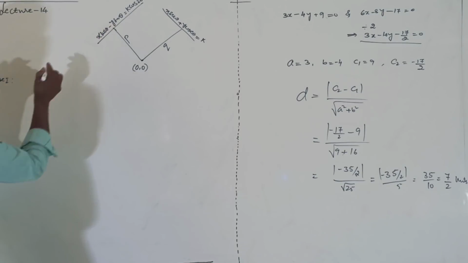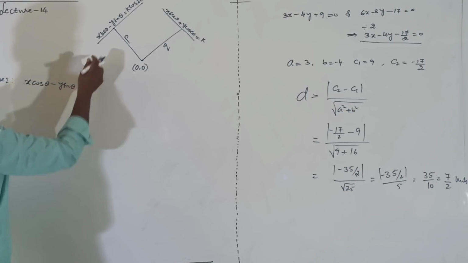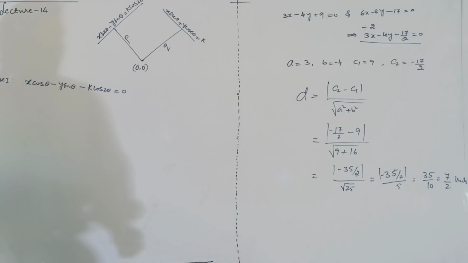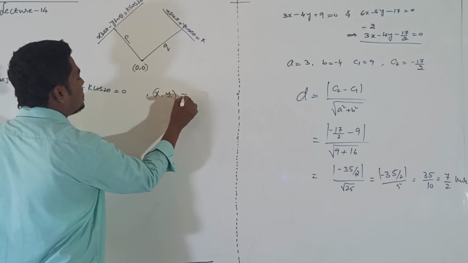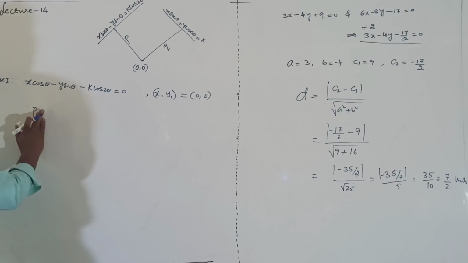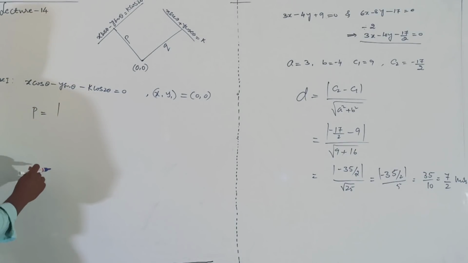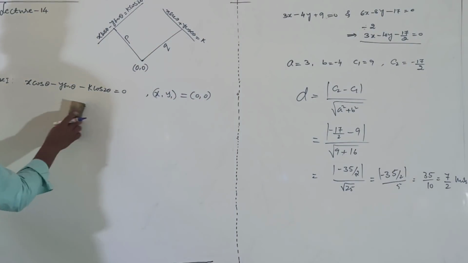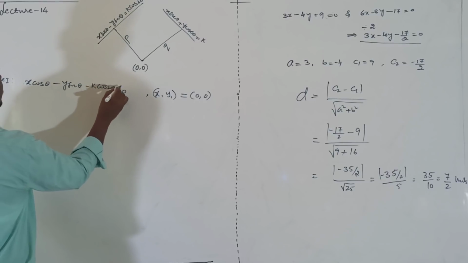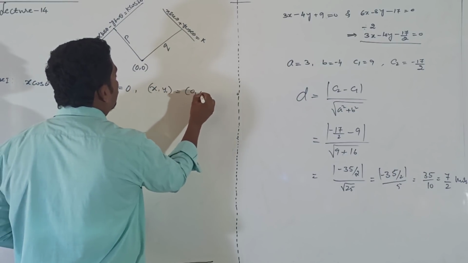First case, write this line in the form of ax plus by plus c equal to 0: x cos theta minus y sin theta minus k cos 2 theta equal to 0, standard form, and the point x1, y1 is the origin itself, that's 0 comma 0.